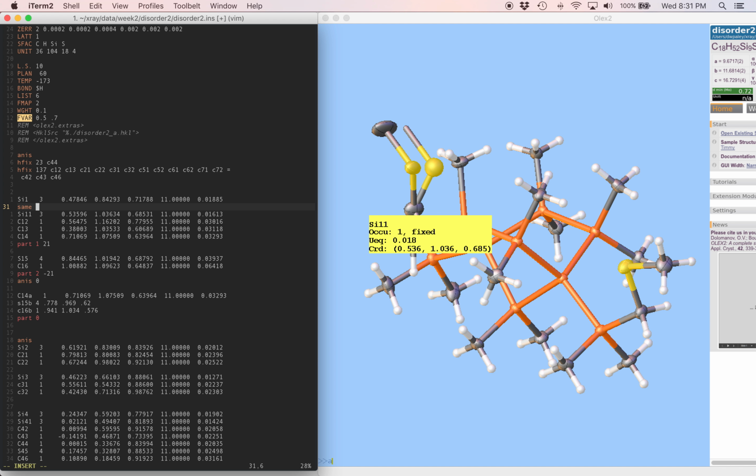And now the atoms covered by the same instruction are going to have to include carbon 12 and carbon 13, just because unfortunately they're in between the last ordered atom and the atoms that we're actually interested in. So now silicon 11 through carbon 13 should be the same, and then carbon 14 through carbon 16 should match carbon 14B through carbon 16B.